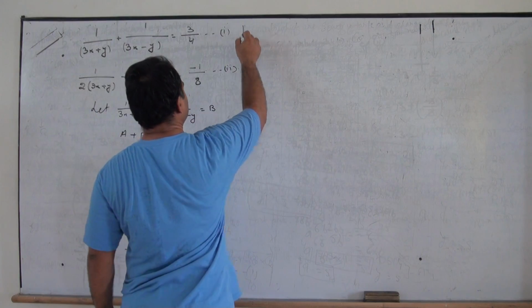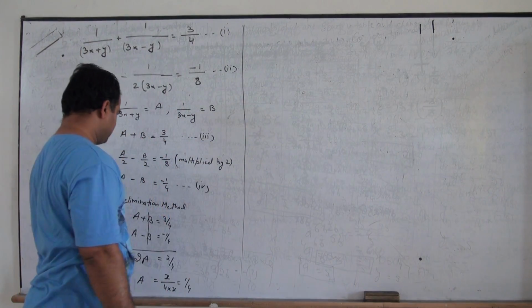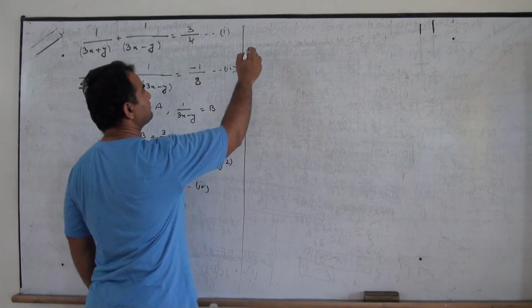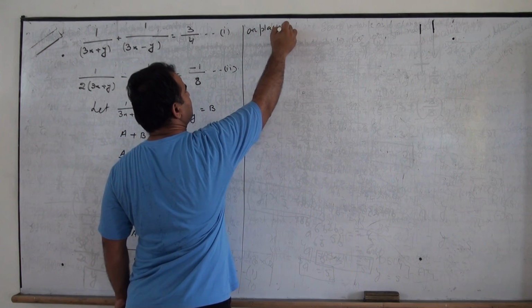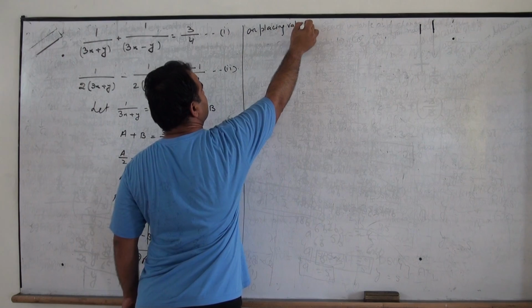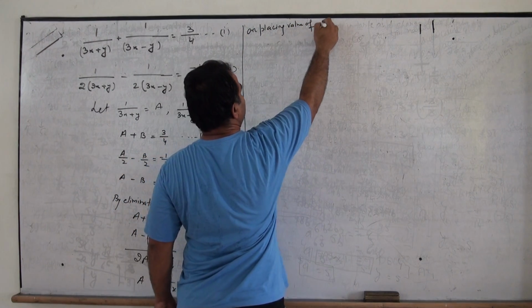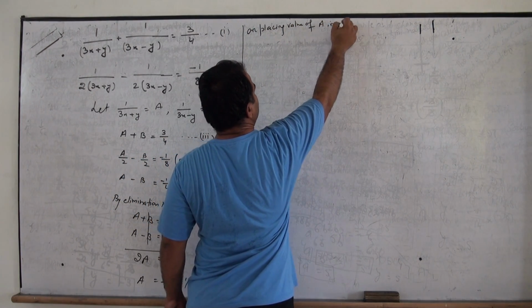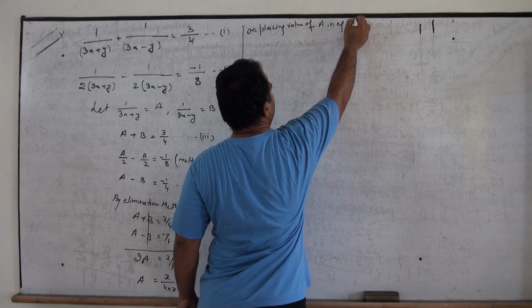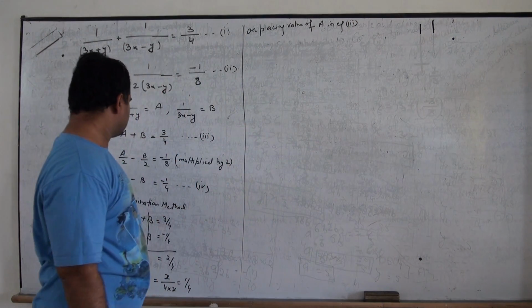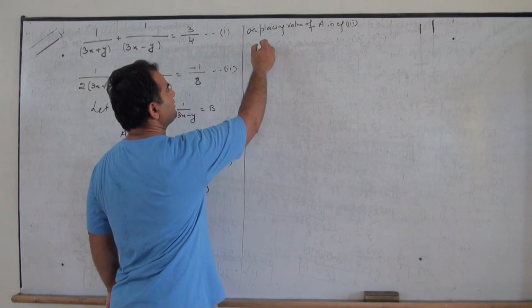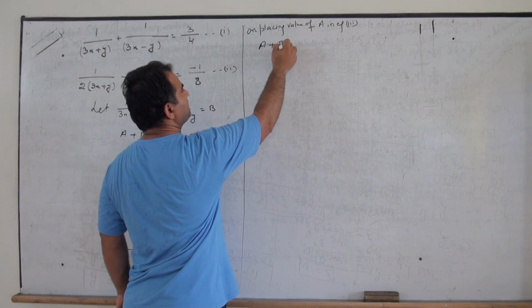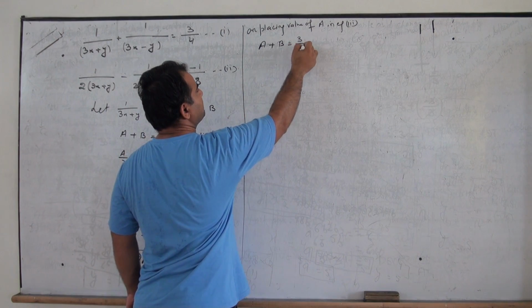So I am placing the value of a in equation number 3. What was equation number 3? a plus b is equal to 3 upon 4.